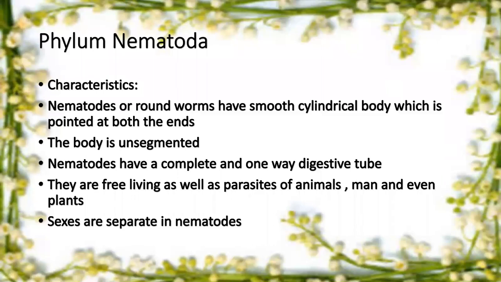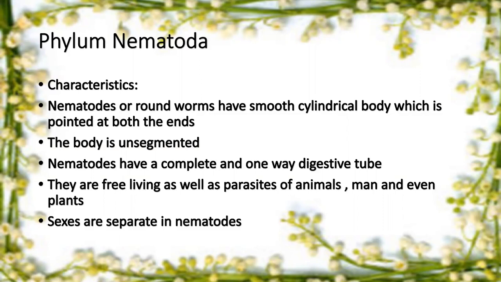Their body is round or cylindrical, which is pointed or tapering at both ends. The body is unsegmented. There is no segment in their body. It is not divided into pieces.